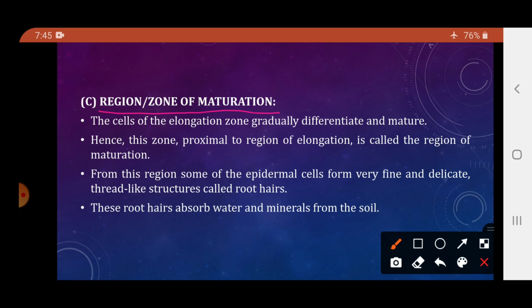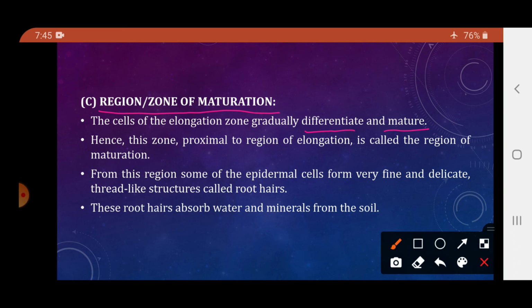Now the cells here have lost the capacity to divide and finally they will assume a particular structure and a particular function. That is, the cells here differentiate and mature into tissues. Some of the cells will form parenchyma, some get converted into xylem tissue, some into phloem.